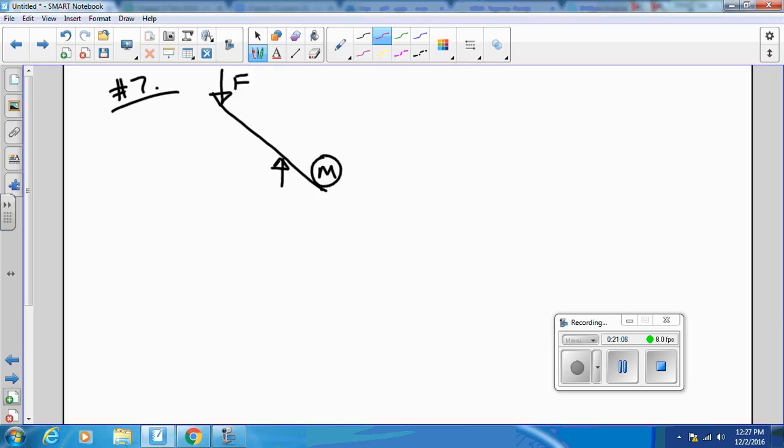So if I consider the work done by this force F1 as it goes over this distance d1, and let me call this force F2 right here.